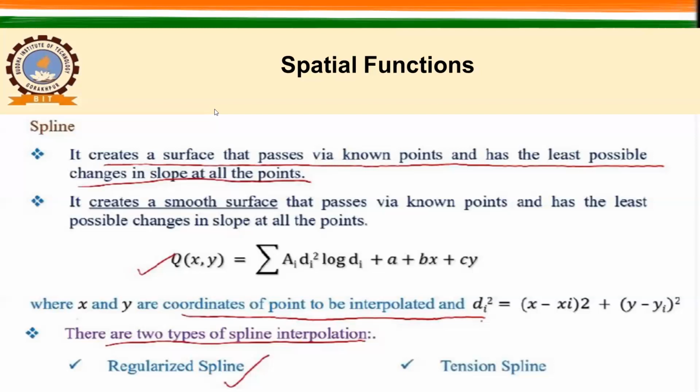Now the next one is the trend. You might have heard about trend analysis. This is just a part of that. It uses least squares regression to fit a surface over the known sample points. The surface is constructed with the notion that the differences between actual and estimated values are as small as possible. But the surface rarely passes through the input points, which makes this technique inexact.